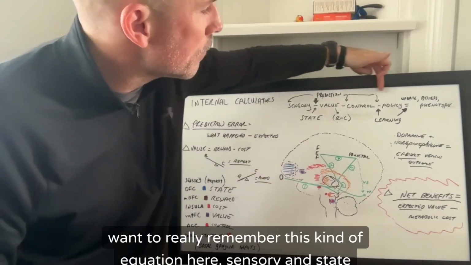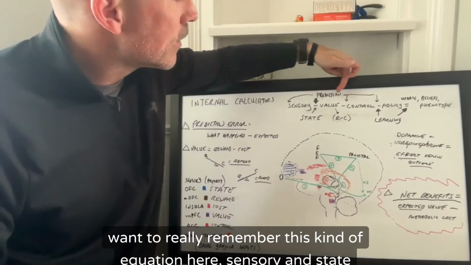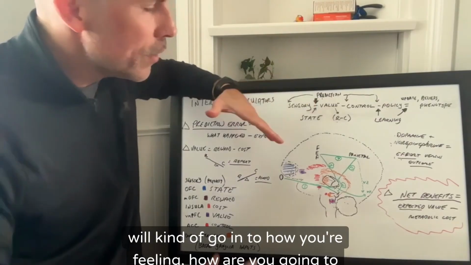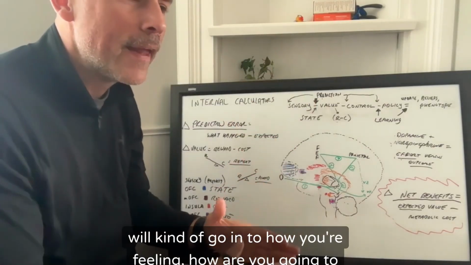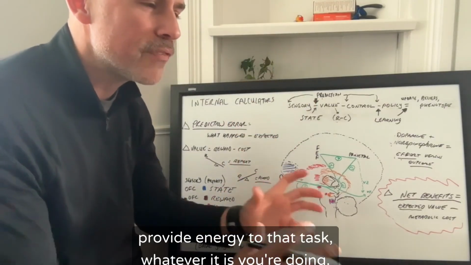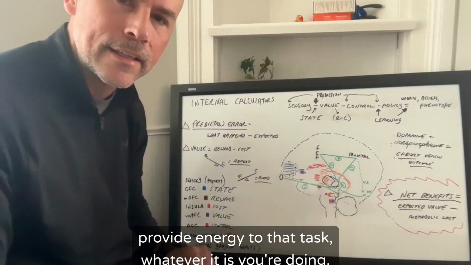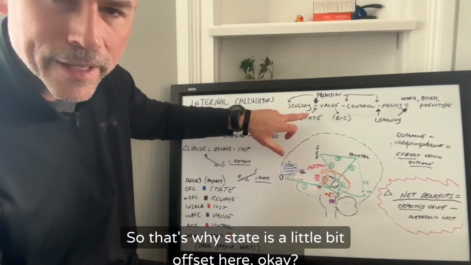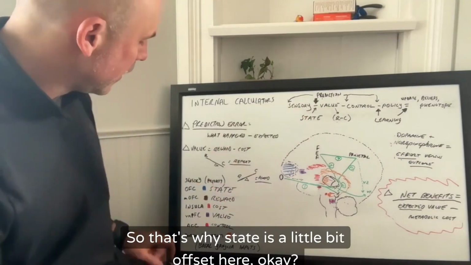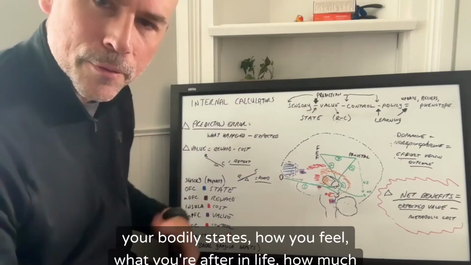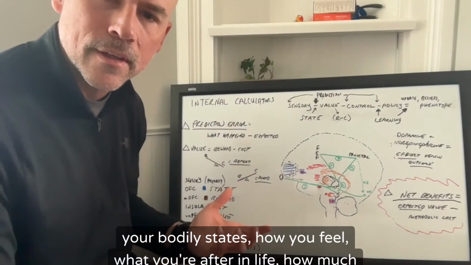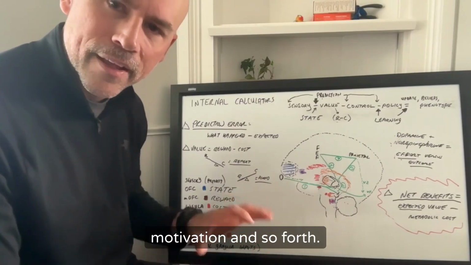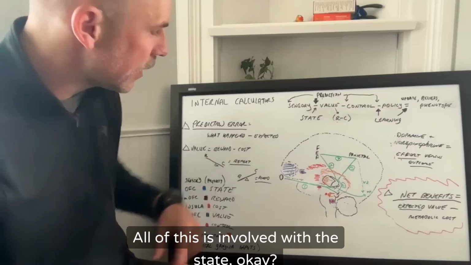And if we want to remember this equation here, sensory and state will go into how you're feeling, how you're going to provide energy to that task, whatever it is you're doing. So that's why state is a little bit offset here. These states, your bodily states, how you feel, what you're after in life, how much motivation and so forth, all of this is involved with this state.